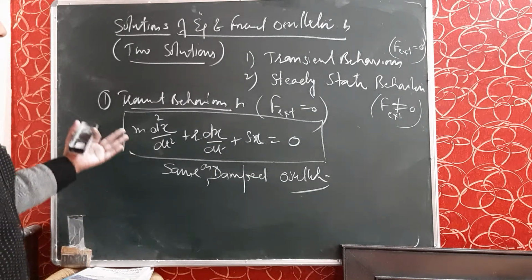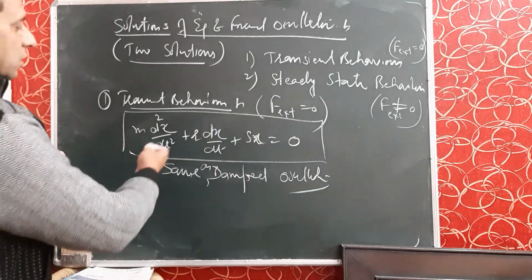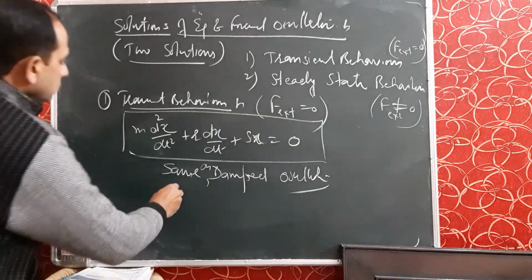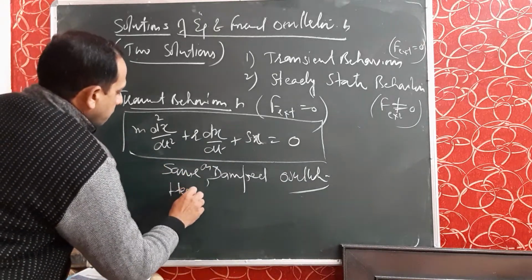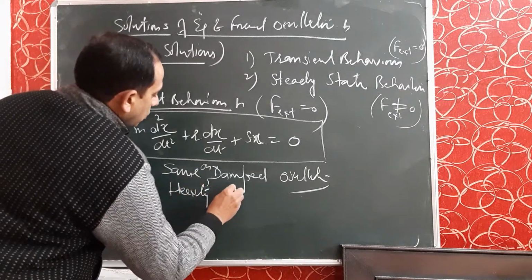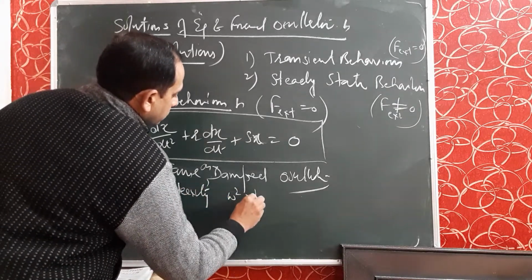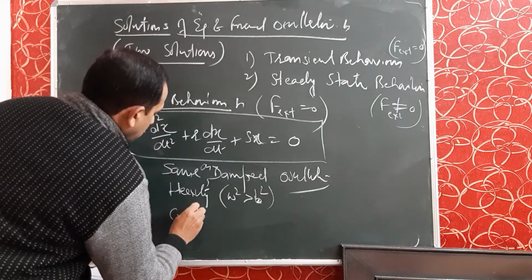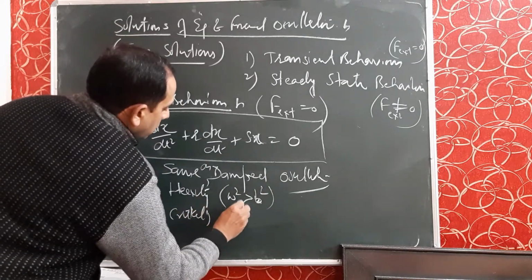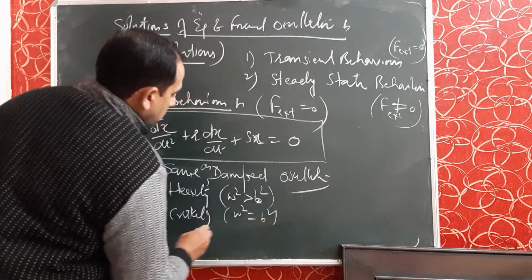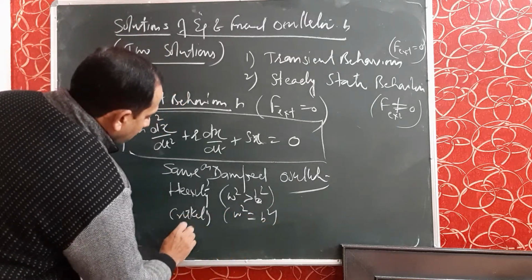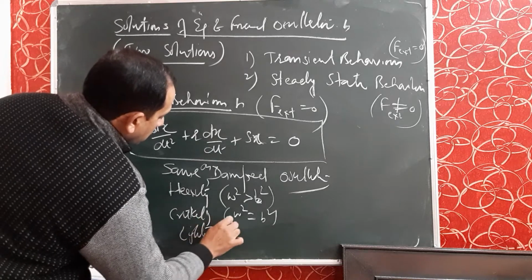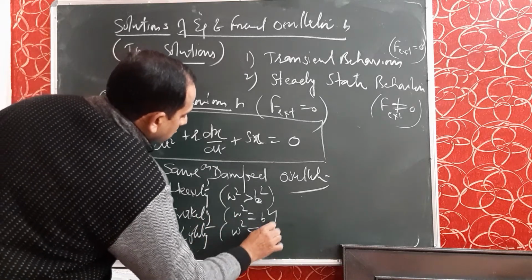And you know the solution of this equation. There are three cases: heavy damping, when omega square is greater than b square; critical damping, when omega square is equal to b square; and third one is light damping, when omega square is less than b square.